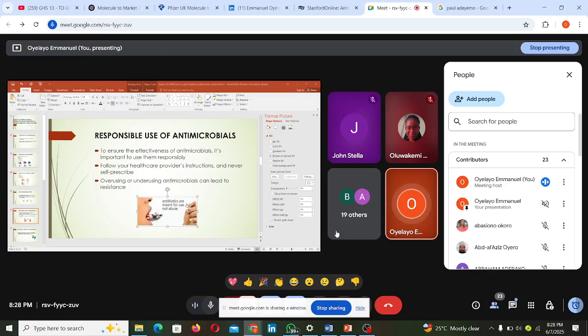So the same thing also applies to antimicrobials. When you underuse the drug, the bacteria would just be half dead. So within the next 3 days or thereabout, it will resurge again.